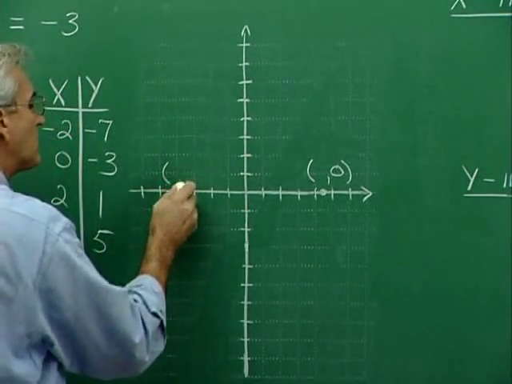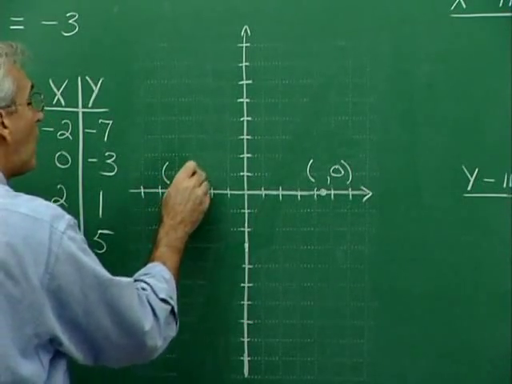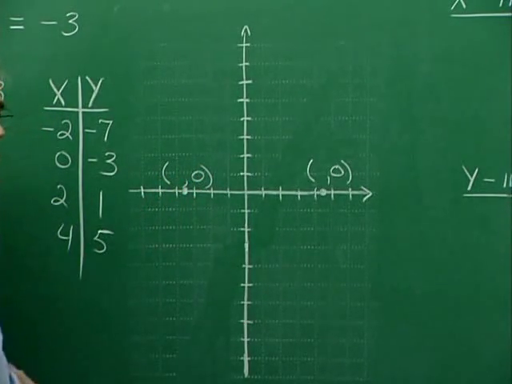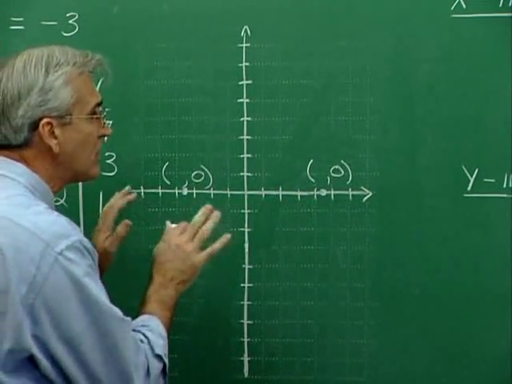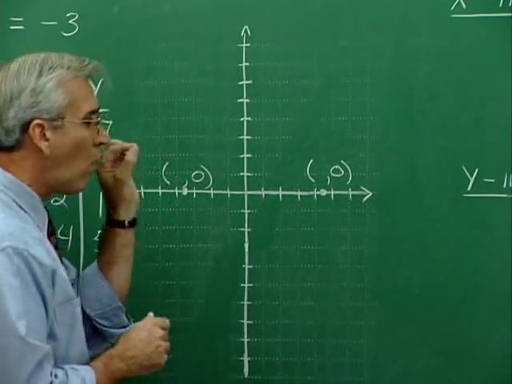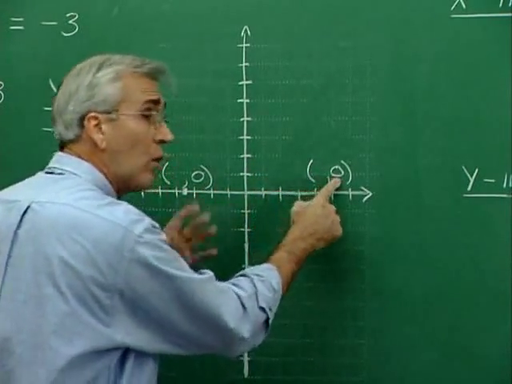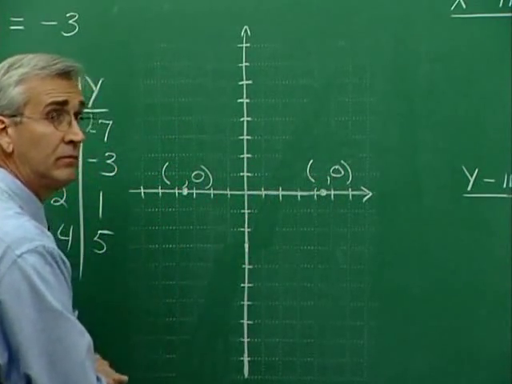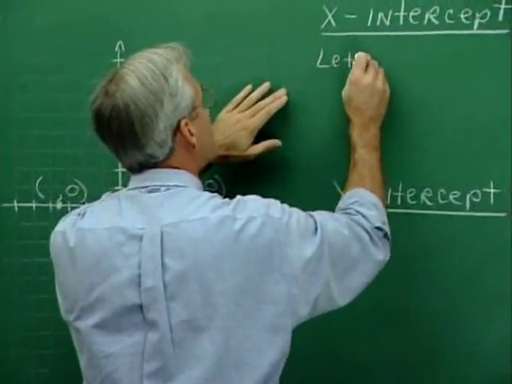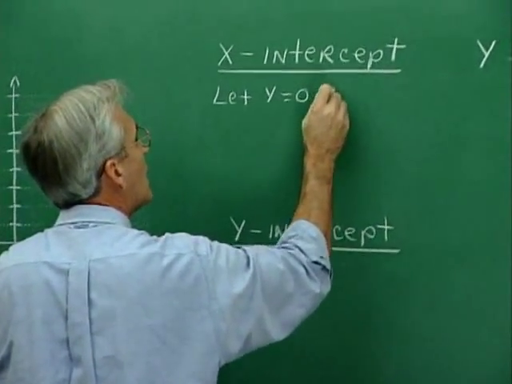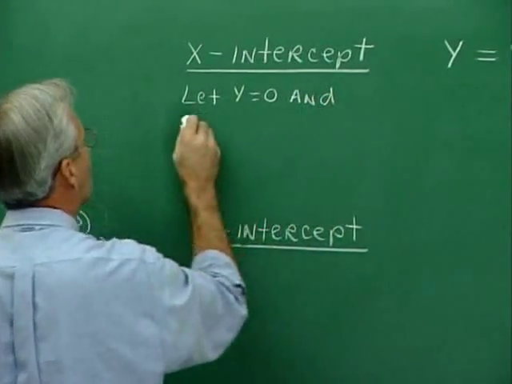The x component is something. The y component is going to be 0. Now that tips us off as to how we find x-intercepts. We find x-intercepts by letting y take on the value 0 and then solving for x. So up here for the x-intercept, we let y be 0 and solve for x.